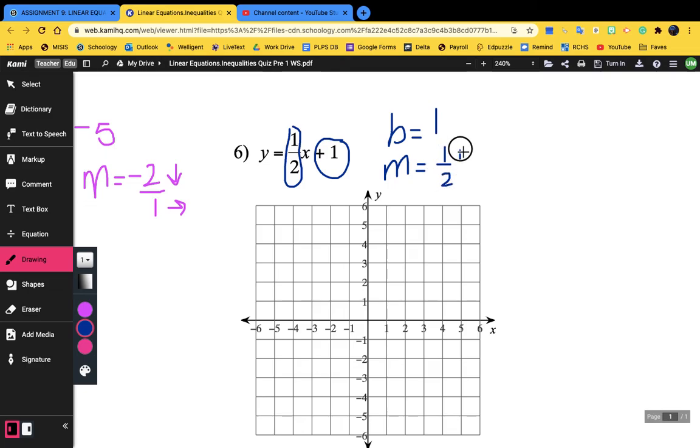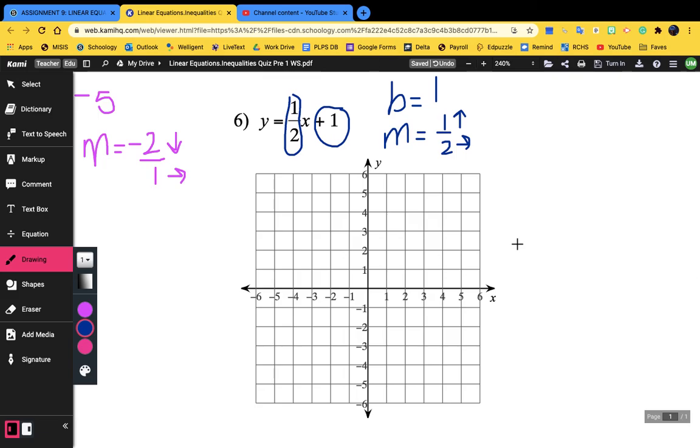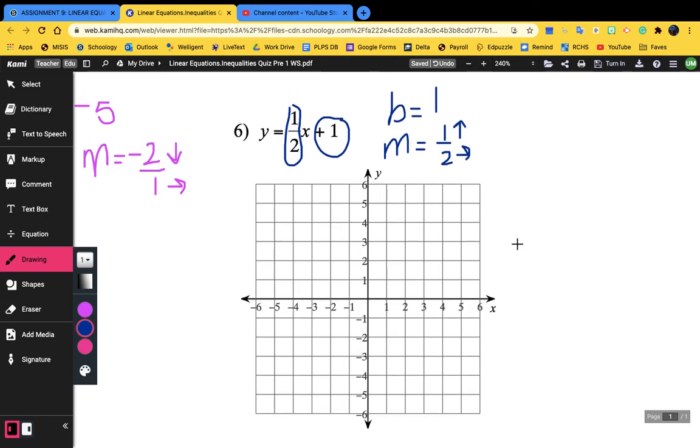Fortunately, it's already a fraction, so there's no need to write a 1 under it, right? And positive 1 means up 1, over 2. So I'm going to go to my y-intercept, b is equal to 1. So on my y line here, where is positive 1? Right there is positive 1. And this says go up 1, and over 2.